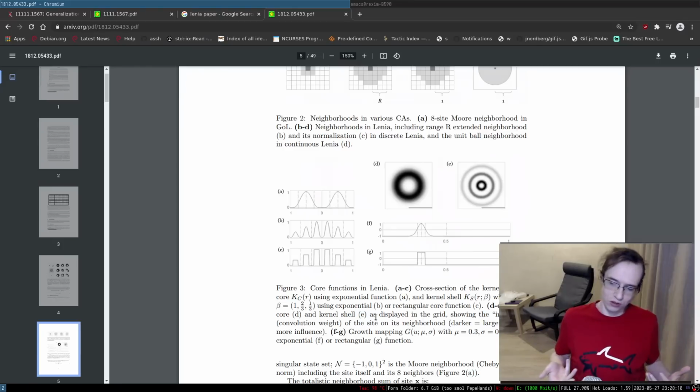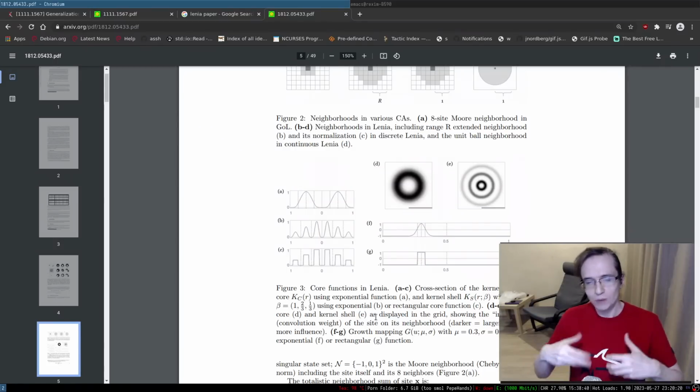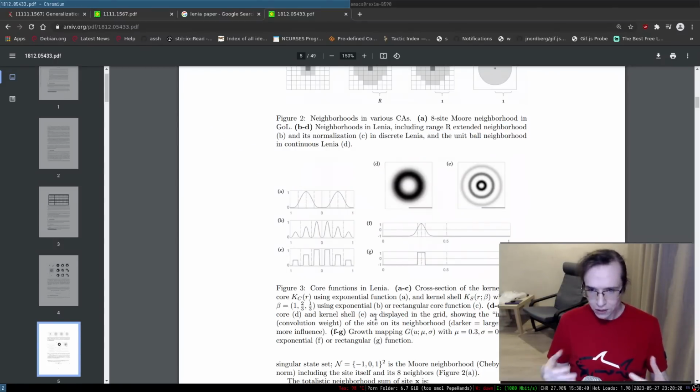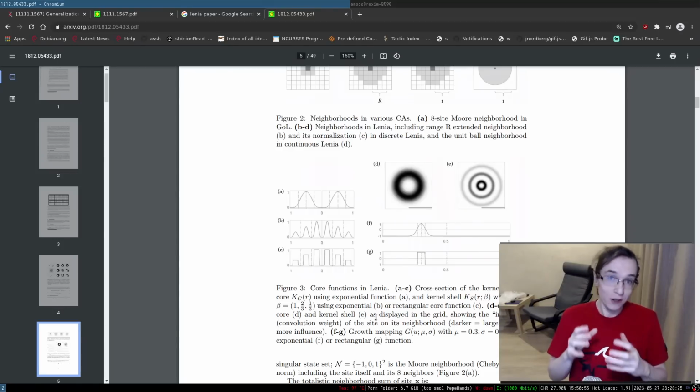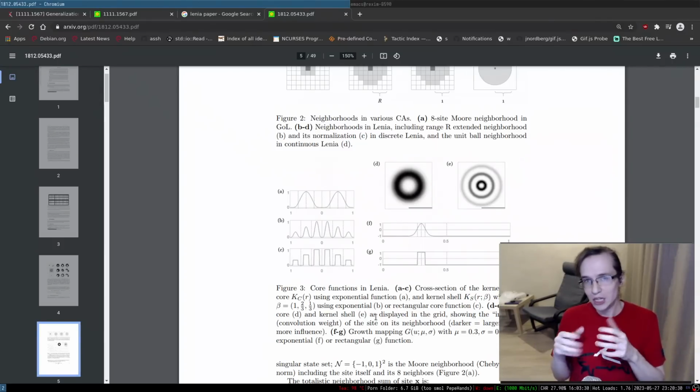Like how many interesting creatures can we come up with? And what they did, if I understood correctly from that paper, is they made an automated system that basically brute forced different parameters of the environment and used artificial intelligence to recognize the patterns to capture the most interesting creatures.